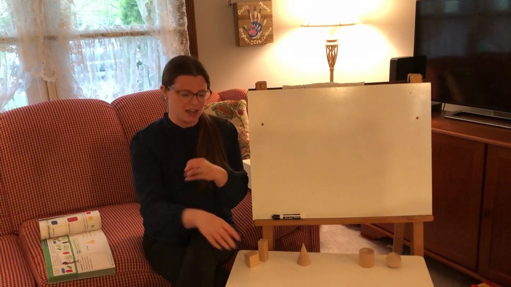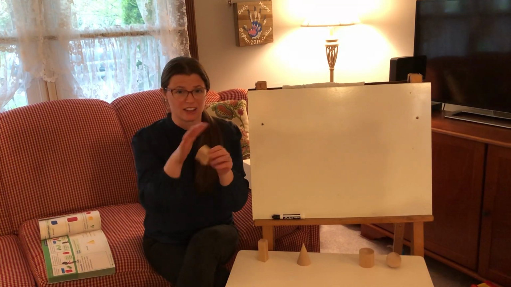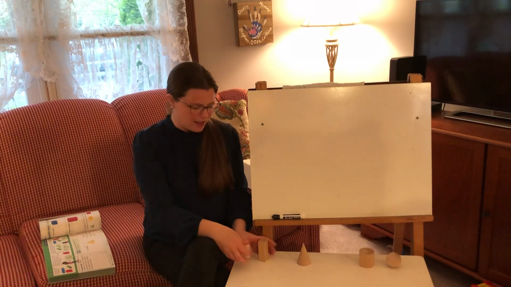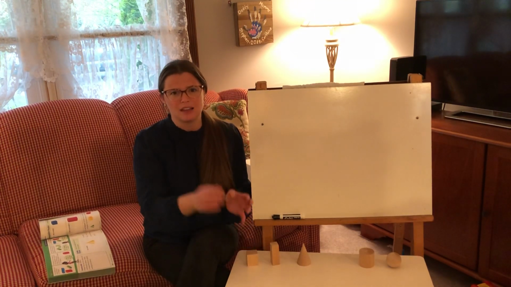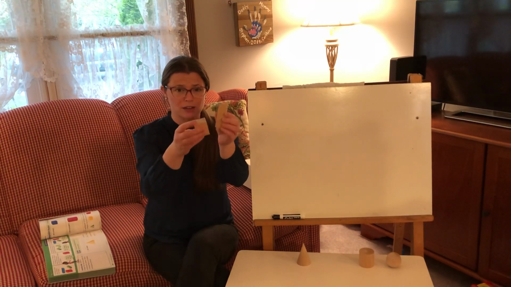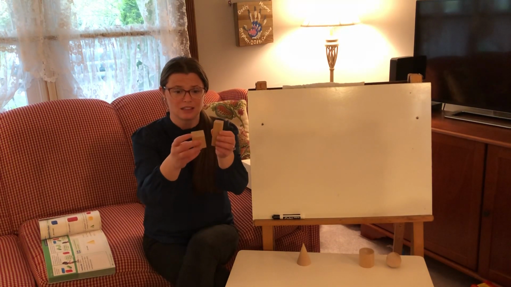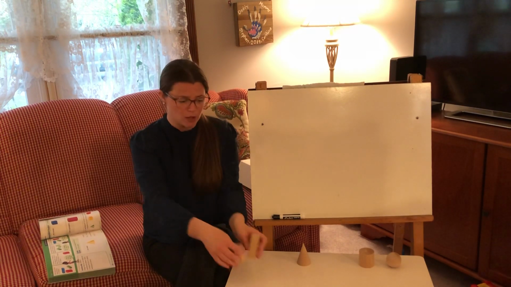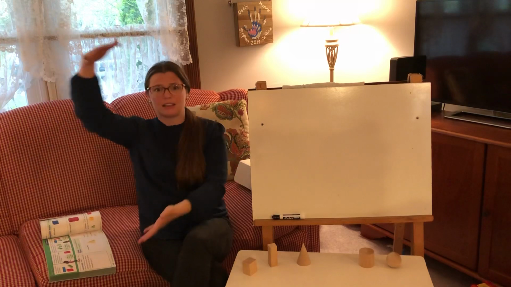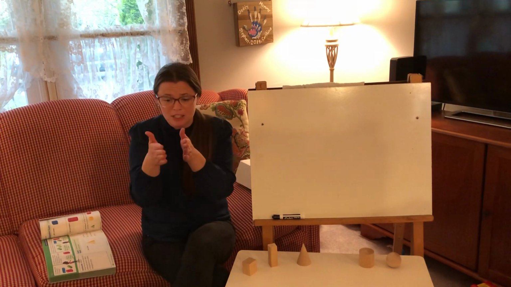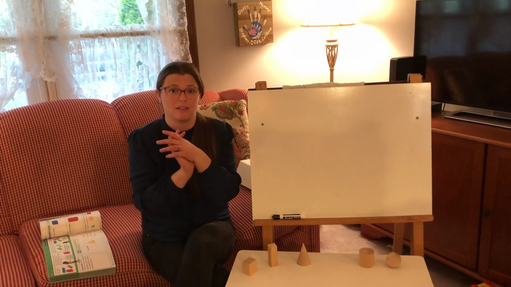Shapes are defined by their features, like faces and vertices and whether or not they roll, but not by size, right? It doesn't matter how big or small this is. It's a rectangular prism nonetheless, right? If you get a gigantic box in the mail, that's a rectangular prism, but so is a little box that you get in the mail.